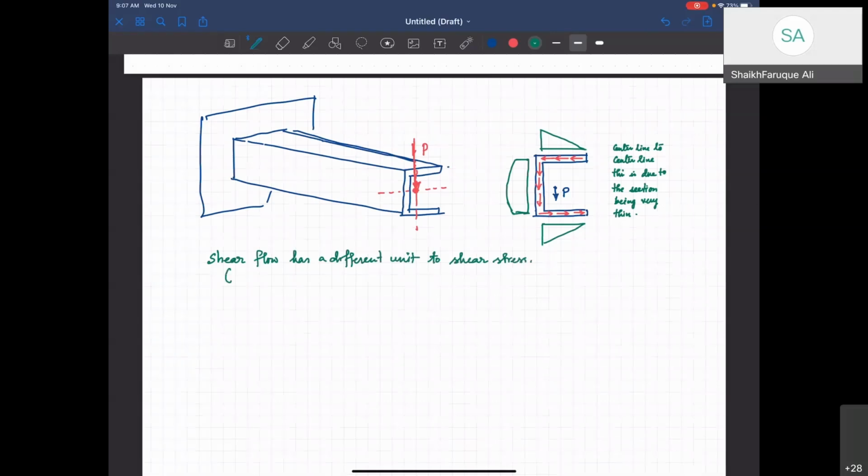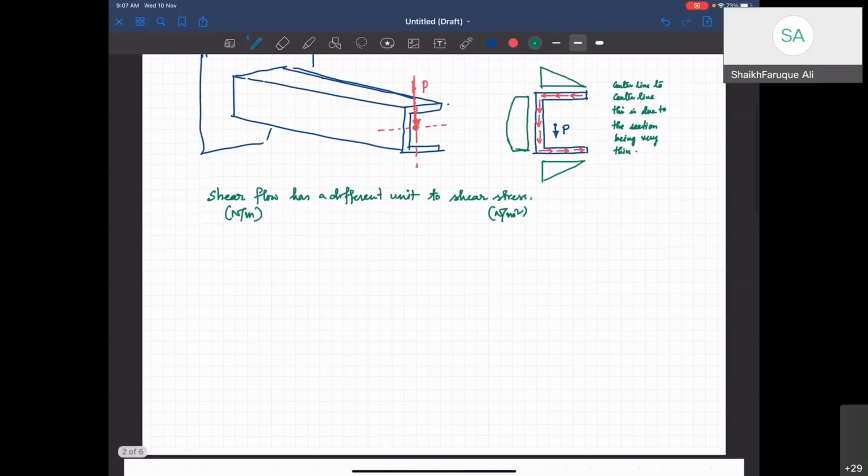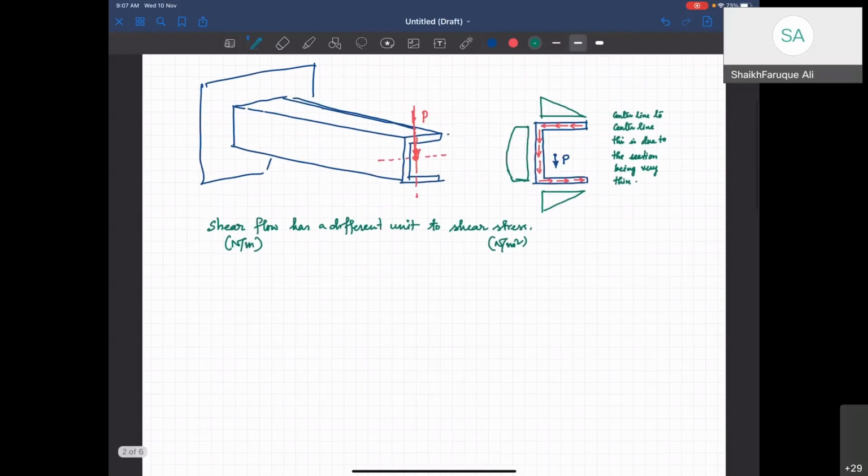Right? This is Newton per meter, and this is Newton per meter square. So they're different.